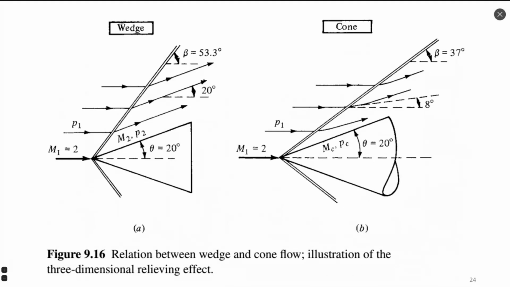So, going to comparison between cones and wedges. A wedge is a 2-dimensional structure, the model which we just discussed, with velocity which has 2 components, and the 3rd dimension is infinite. So we have just this planar structure. It can be called a wedge or a corner.